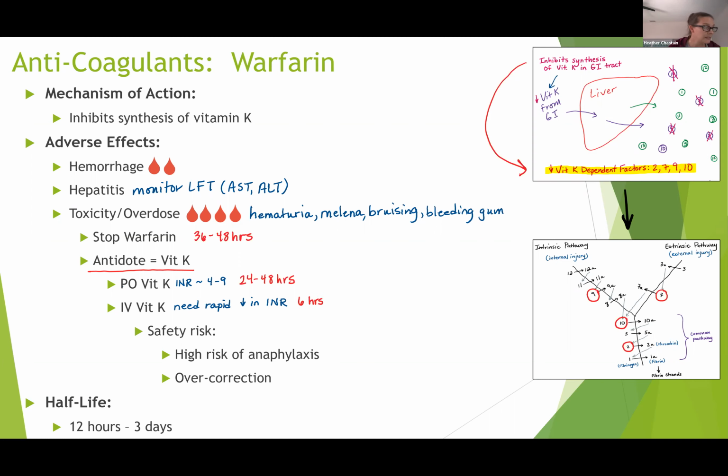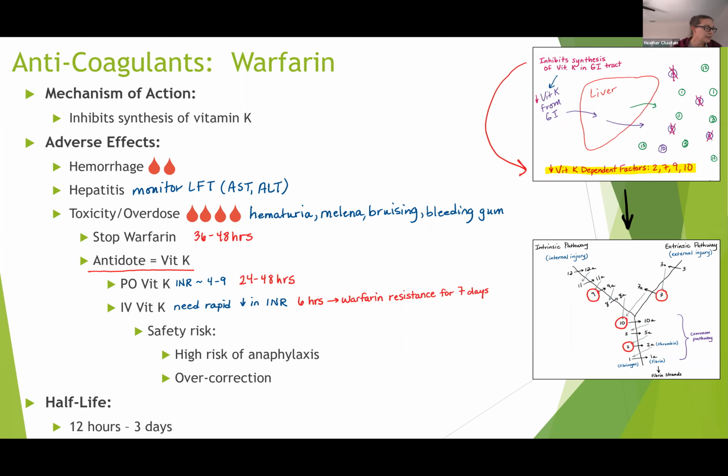But the only problem with that is that it can cause warfarin resistance for up to 7 days, which means that warfarin will be useless in that patient for a week. They can't use it. It's not going to do any good. So in that case, they're going to need to be on heparin or enoxaparin until that time period is gone and they're no longer resistant to warfarin and can start taking it back in.